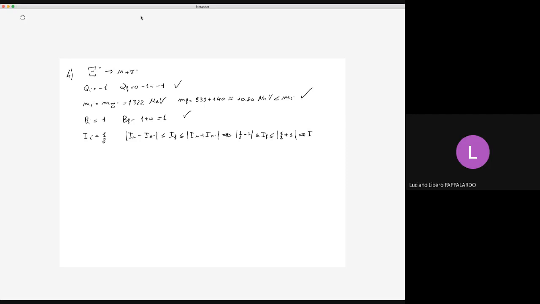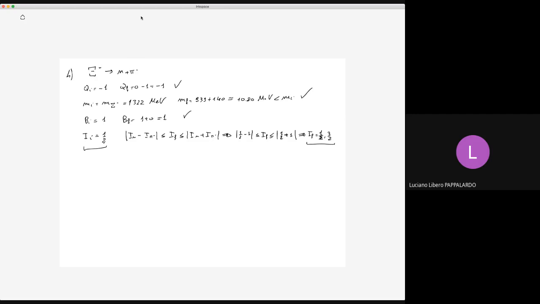So in the final state, we can have either 1/2 or 3/2. In the initial state we have 1/2, but in the final state 1/2 is also possible. So in principle, the decay can occur through the common value 1/2. So we don't have an answer yet.